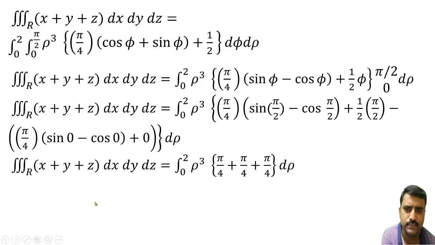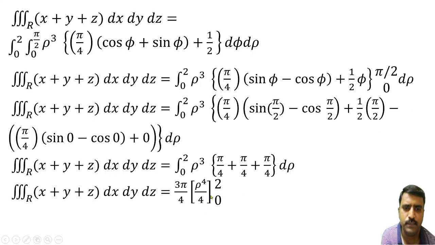So simplifying this, it gives that 0 to 2 rho square into, so sin 90 is 1, cos 90 is 0. So 1 into pi by 4 is pi by 4 plus 1 by 2 into pi by 2 is pi by 4. Cos 0 is 1 into minus pi by 4 into minus becomes plus pi by 4.